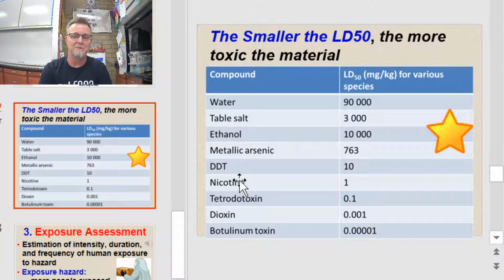Ethanol, 10,000 milligrams per kilogram. Check this out. Botulism toxin, 0.00001 milligrams per kilogram. That is a very small number. Botulism toxin is very, very dangerous. And in the olden days, it used to make a lot of people sick from improper canning and food preservation.